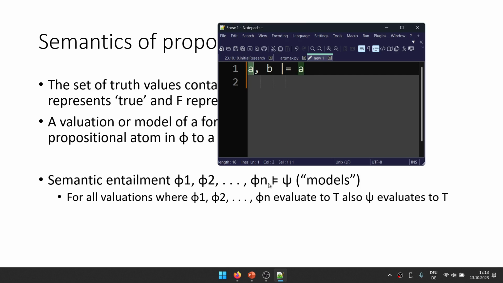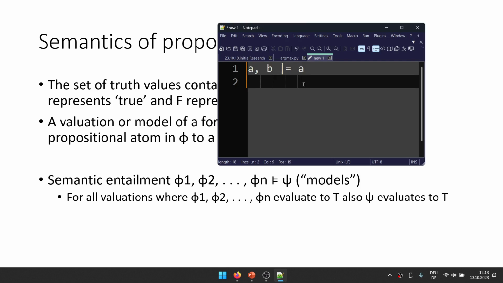So if we take any valuation making psi true, that's very simple because that's A equals true and B equals true. We know that because that's on the left side. On the right side, we have A, and A by definition is true. So this is a very, very simple semantic entailment. Of course, if we have something on the left that we already know is true, and we have that same thing on the right, then it is a trivial entailment. So yeah, that's also a semantic entailment.